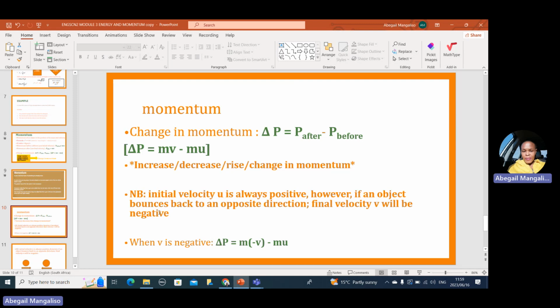So when an object bounces back, you use the formula delta P to calculate the change. But since it bounces back in the opposite direction, this one will be negative. The formula for a change is the difference between the two, so you subtract mu, which is the initial momentum.